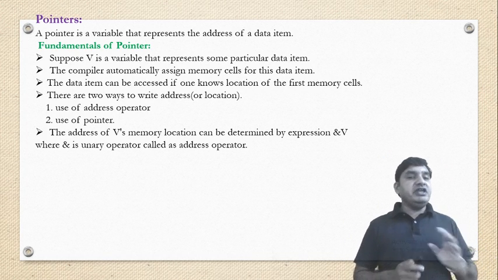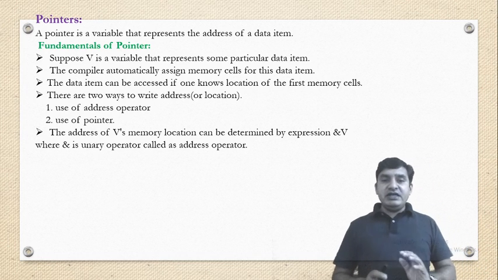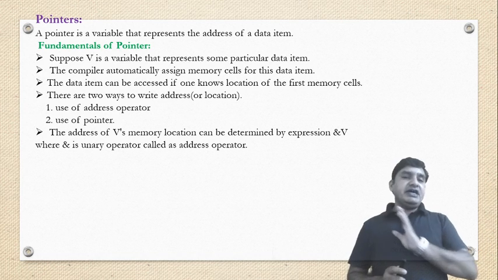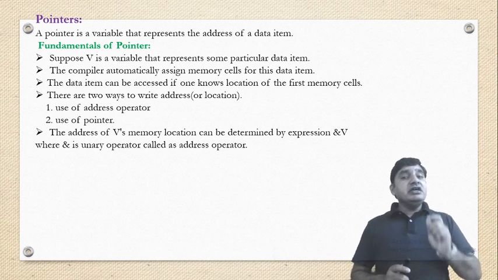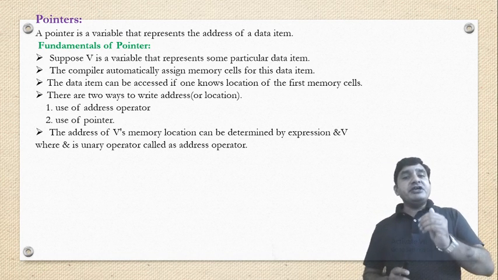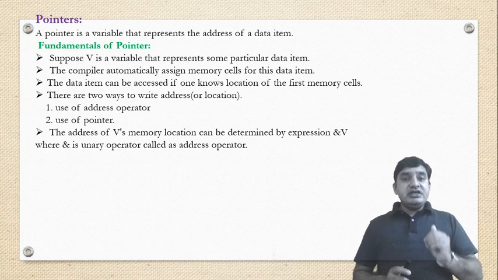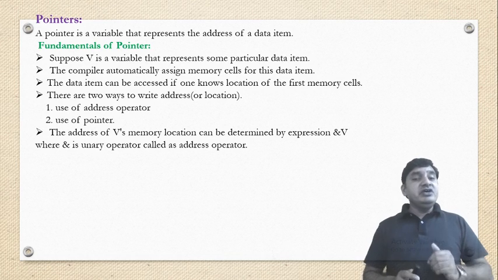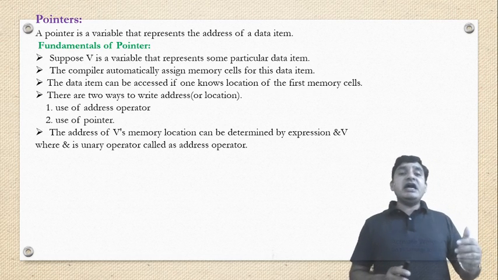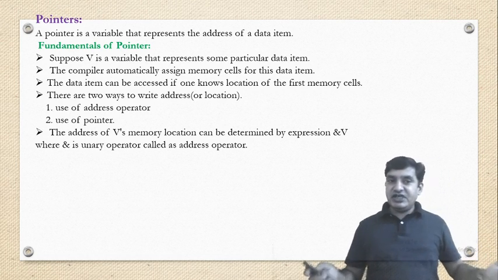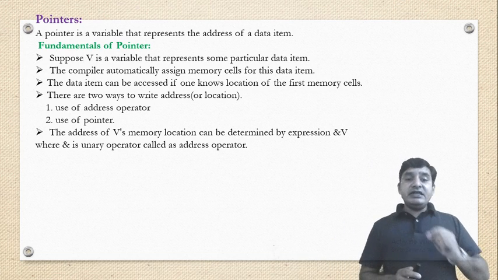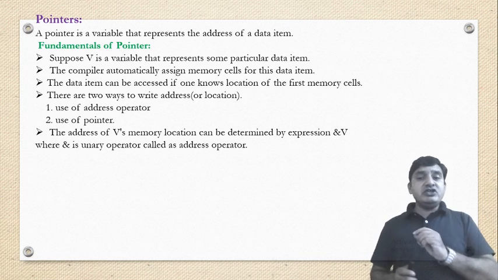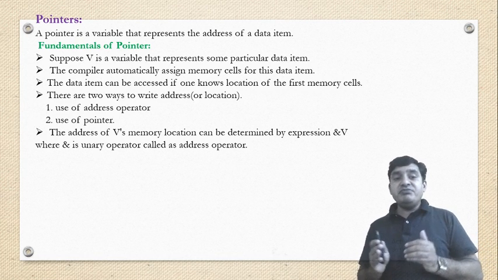The compiler automatically assigns a memory cell for this data item. That is, at a particular address the data item or particular value is saved, and the compiler automatically assigns the memory cell. The data item can be accessed if one knows the location of the first memory cell.